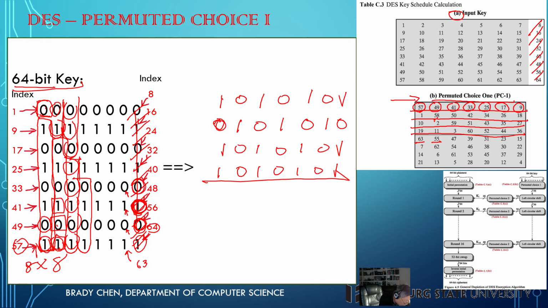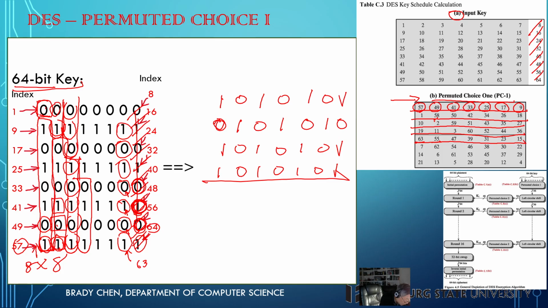Okay, 39 is this one because this is 40. So for the fifth row, we start from 63 and then 55 and then 47, 39, 31, 23, and 15.